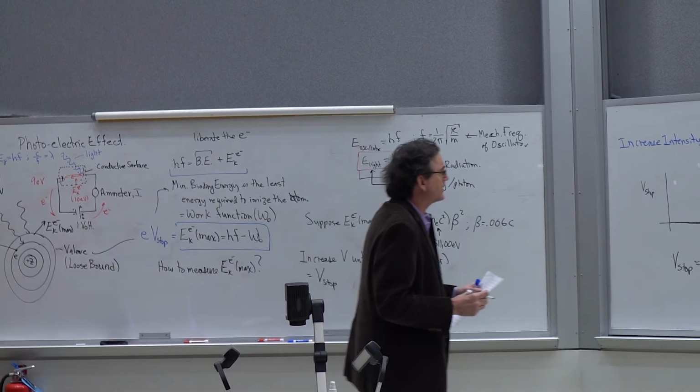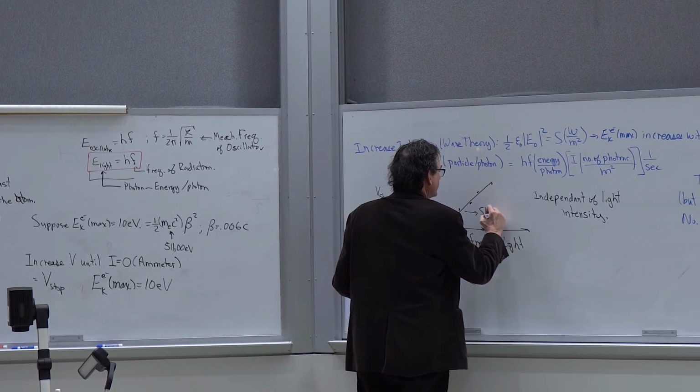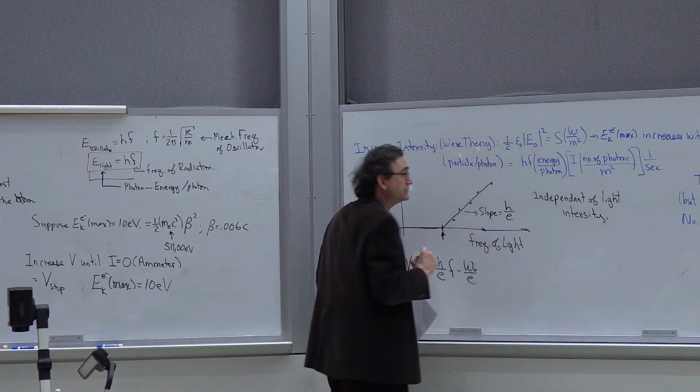If you fit it to a straight line, then the slope is equal to h over e, where e is the charge of the electron.